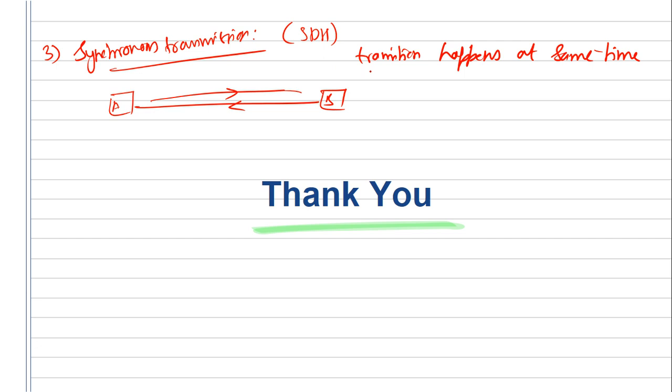There was a phase difference within a specified limit in case of Plesiochronous, but in this the transition of signals happens at the same time. So there will not be any phase difference, and we also don't have any specified limit.